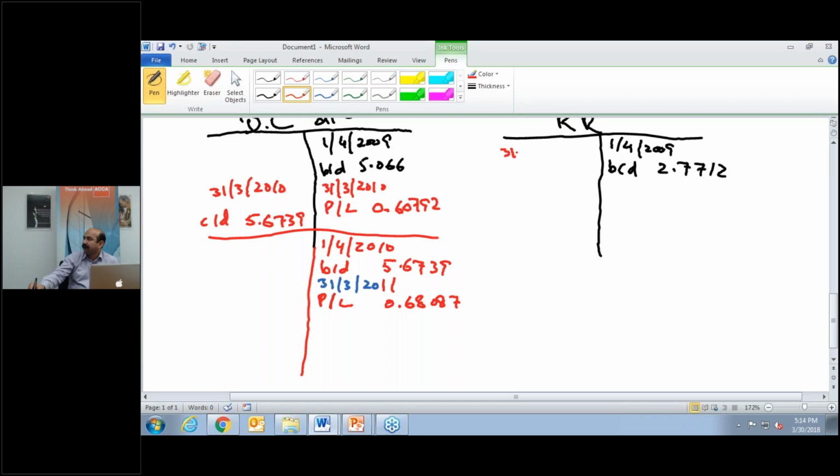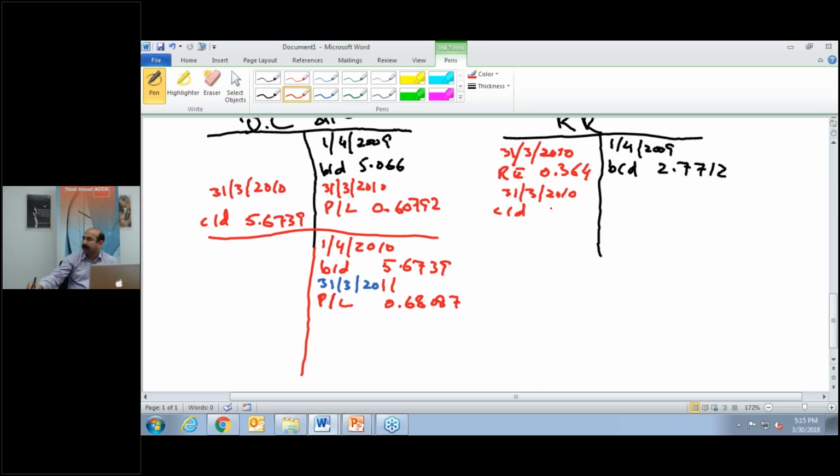So on 31st March 2010, 0.364, as we calculated earlier, will be transferred to the retained earning, and the closing balance on this date of revaluation reserve will become 2.7712 minus 0.364.